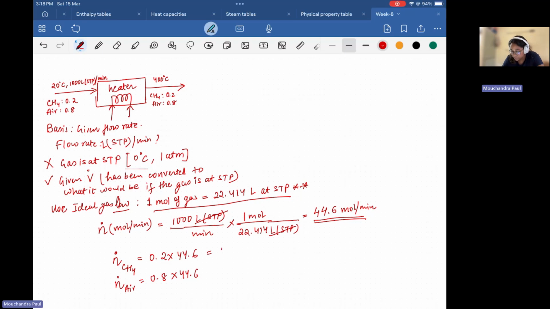It will come out to be 8.93 moles per minute for methane, and the second one, 0.8 times 44.6, is 35.68.